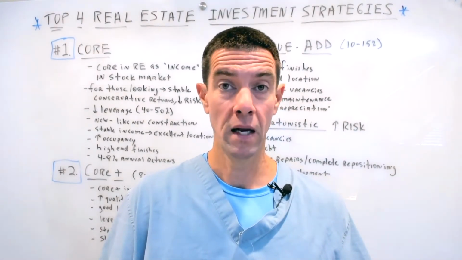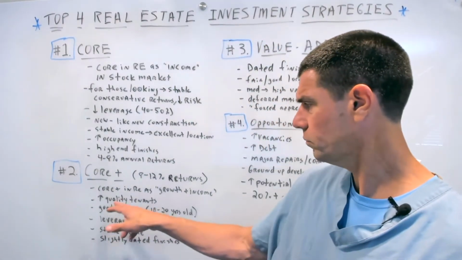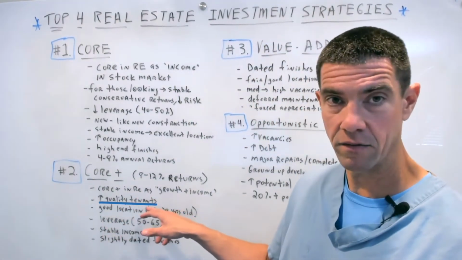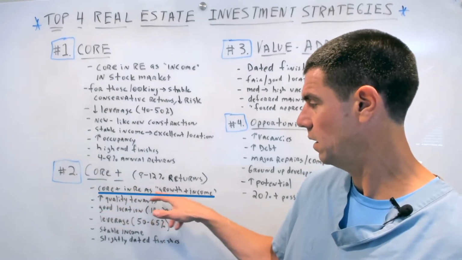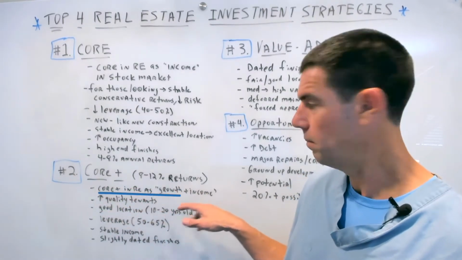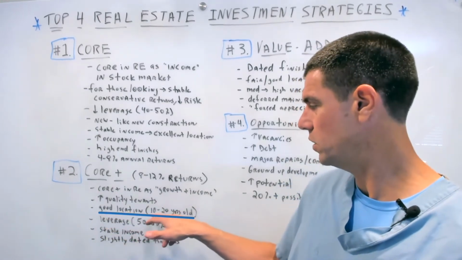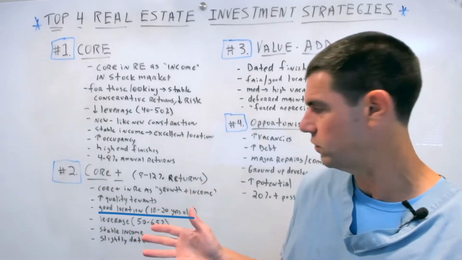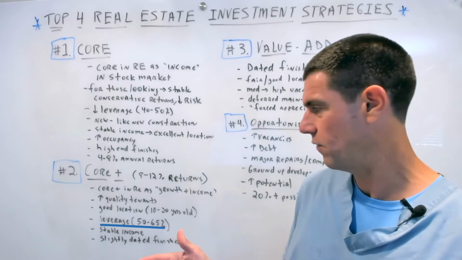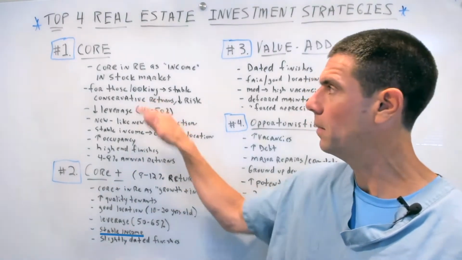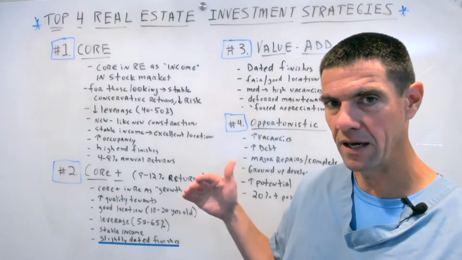Now, a typical core plus investment is characterized by high quality tenants. You can think of core plus in real estate again as growth in income, good location, not great location, but good location. Typically, it's about 10 to 20 years old. About 50 to 65% of it is typically leveraged. Again, has a stable income like the core properties. Slightly dated finishes because, again, it's a little bit older.